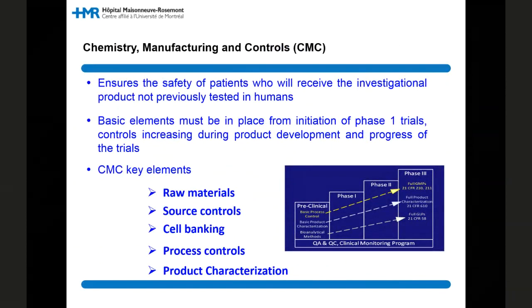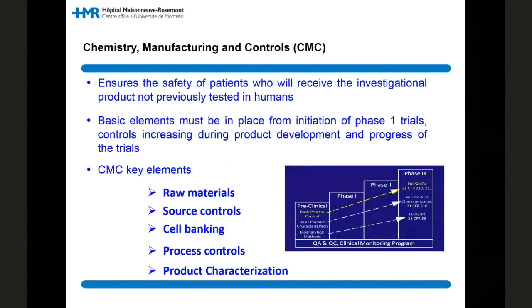And importantly, you need to have good assays at the preclinical level. But what you need to understand is that as you're going from preclinical to phase 1, phase 2, and phase 3, the regulatory requirements are actually going up. So it's not necessary in a phase 1 to have everything in place in terms of full GMP.